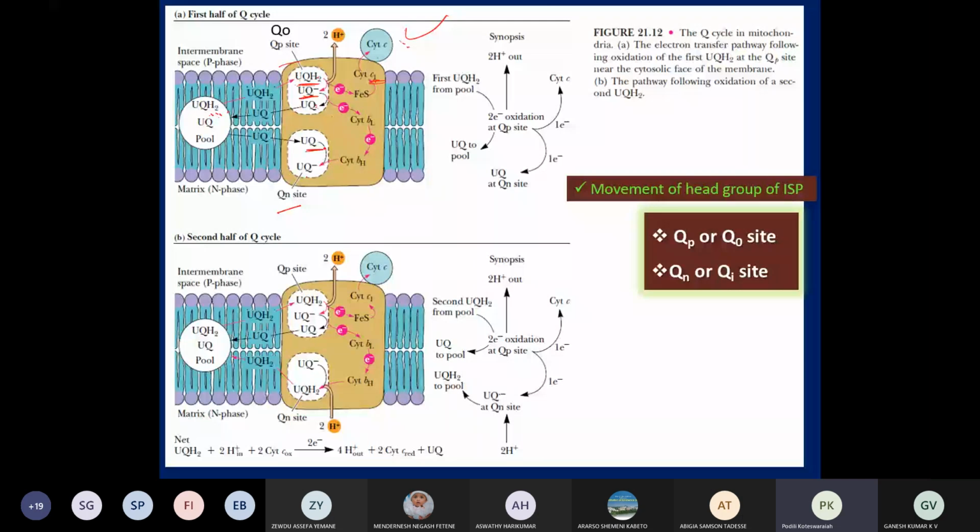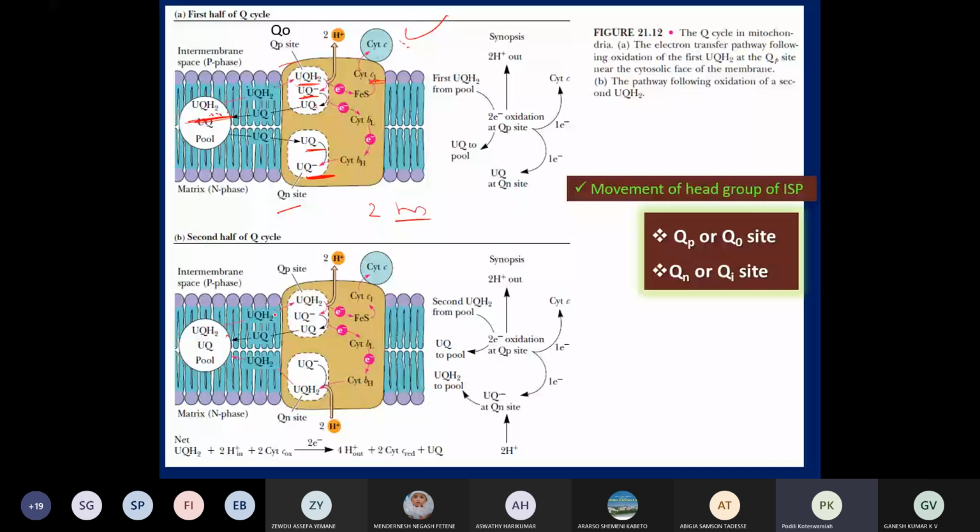This reaction takes place in 2 half cycles. In the first half cycle, one ubiquinol is oxidized, one electron is transferred to the cytochrome, 2 protons are pumped out, and one semiquinone is regenerated. In the second half cycle, another molecule of QH2 binds to the QP site.